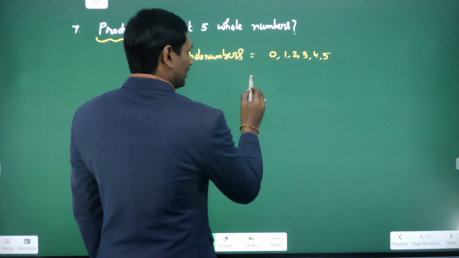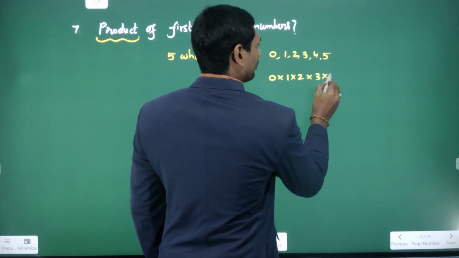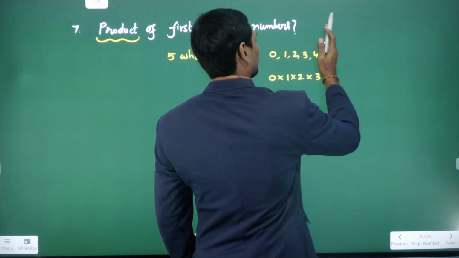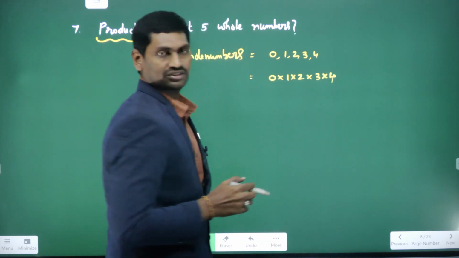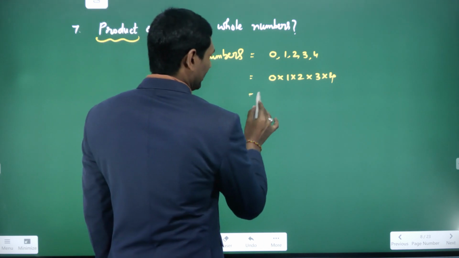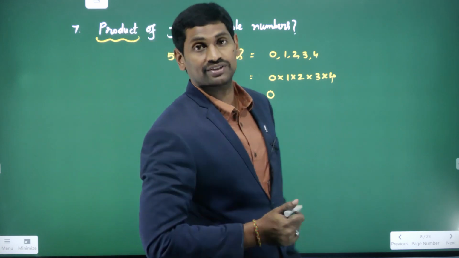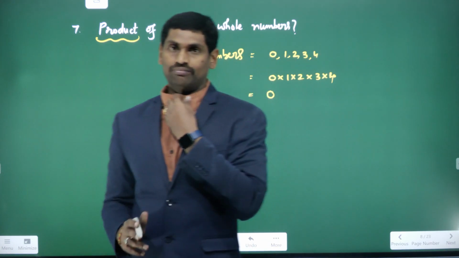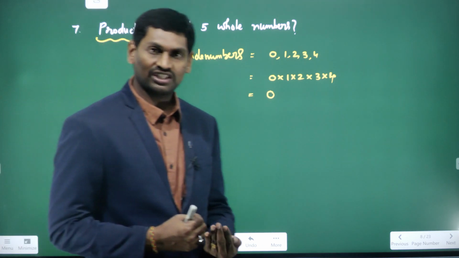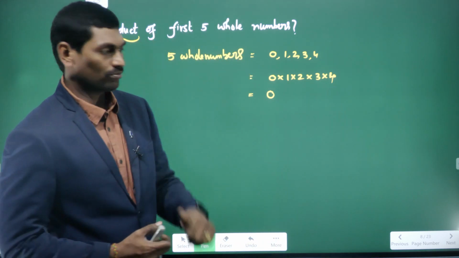Product means multiplication, so 0 into 1 into 2 into 3 into 4. When you multiply any number with 0, the answer is 0. Whether it is the first 5, first 10 or first 40 whole numbers, the answer is 0, because the first whole number is 0, and when you multiply 0 with any number, you get 0.